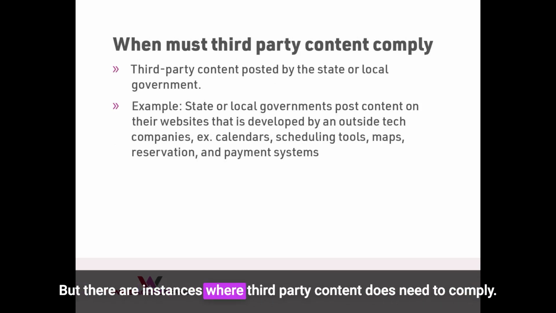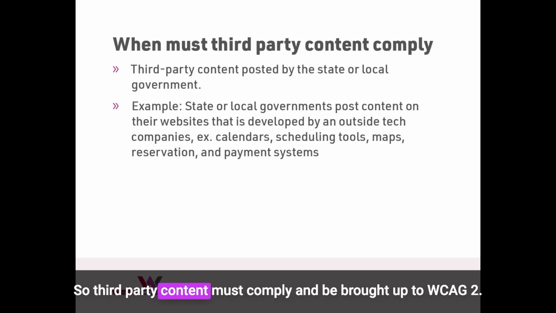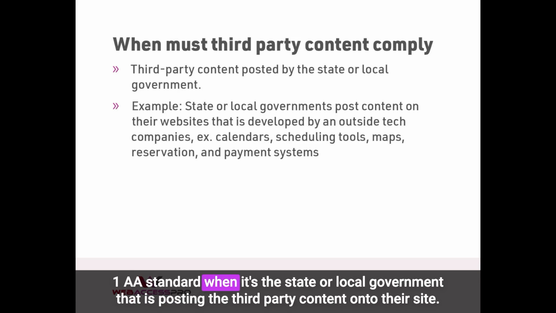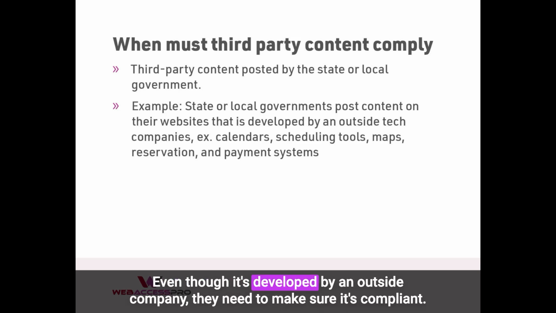But there are instances where third-party content does need to comply, so we should go through those instances just for clarity. Third-party content must comply and be brought up to WCAG 2.1 AA standard when it's the state or local government that is posting the third-party content onto their site. Because now that content is under the control of the state or local government, even though it's developed by an outside company, they need to make sure it's compliant.